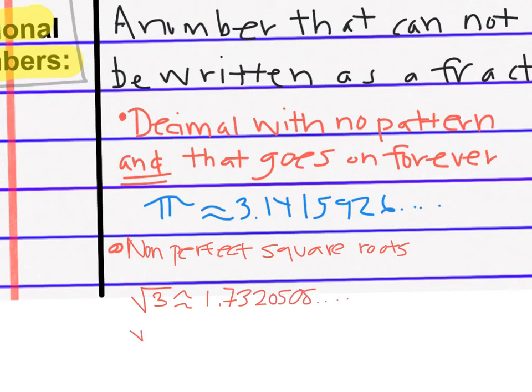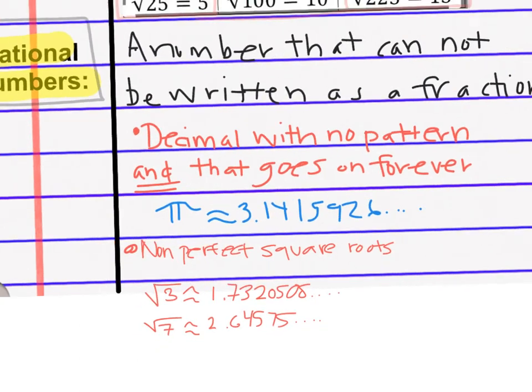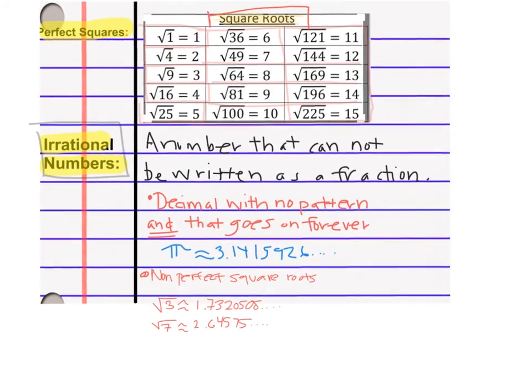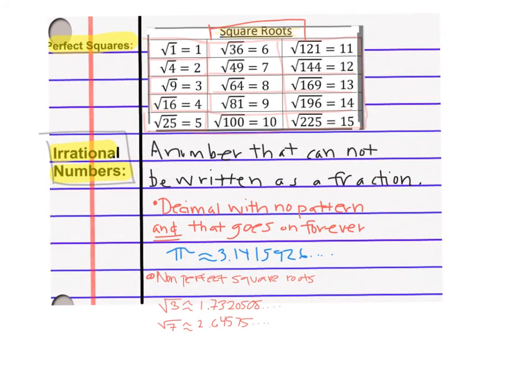Or let's try the square root of 7. On your calculator that is going to be 2.64575, on and on and on. What do you notice about all of these numbers, including pi, square root of 3, square root of 7? They are all decimals with no pattern that go on forever.